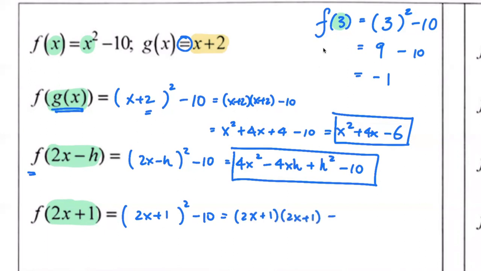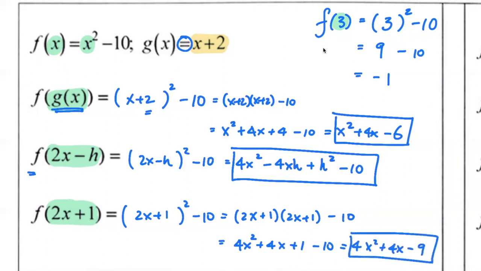So again, we just practice the definition of square. We just take what is given there. We just take what is on the paper. Okay, don't make it too complicated. 4x squared plus 4x plus 1 minus 10. And so you have 4x squared plus 4x minus 9. So that's really it.